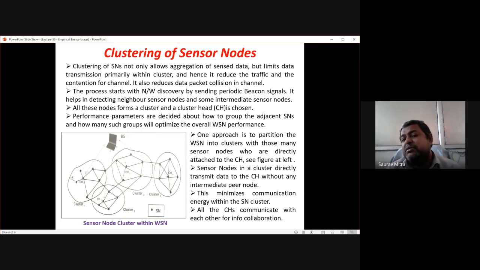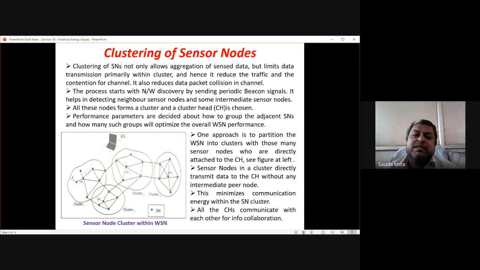So we are wasting a lot of power sensing the same data over and over. So the minimum and maximum number of sensors within the cluster is actually a mathematical problem. It depends on the area, the strength of the cluster head, the strength of the nodes, and all other things.